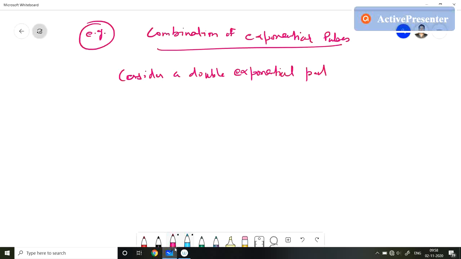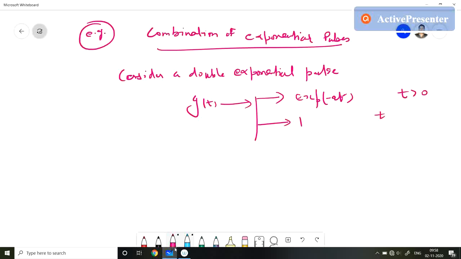Consider a double exponential pulse g(t). g(t) is exponential e^(-at) when t is greater than 0, it equals 1 when t equals 0, and it equals e^(at) when t is less than 0.